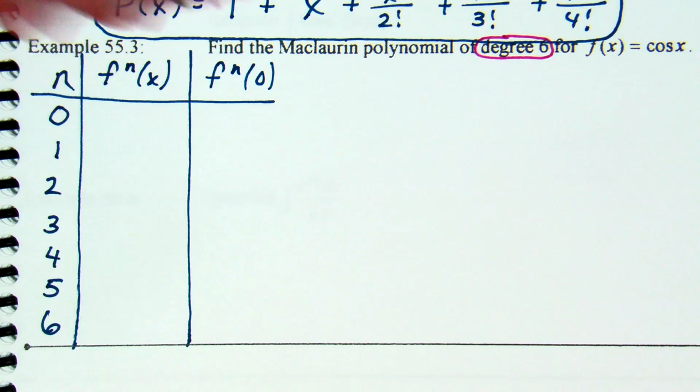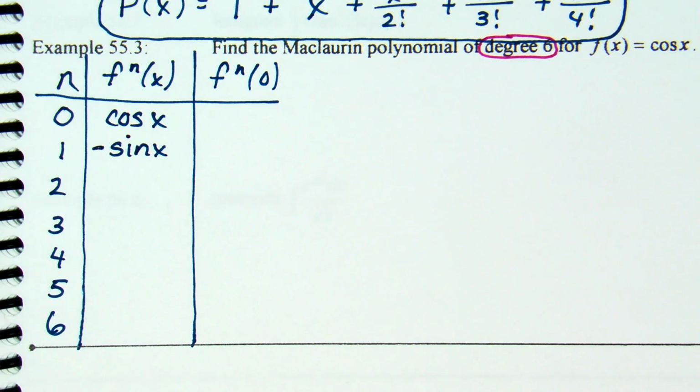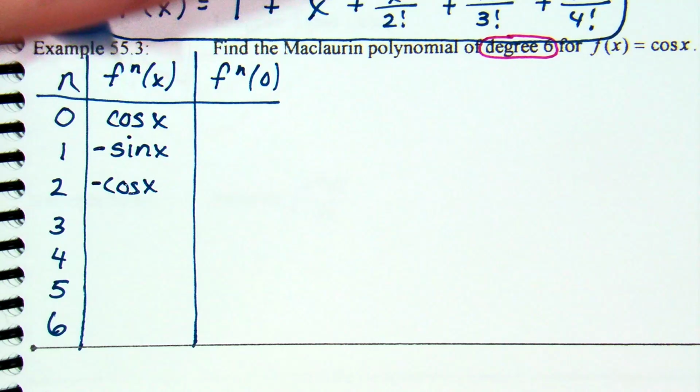Let's go ahead and fill in this middle column. When it says n is 1, that means I'm asking for the first derivative. What's the first derivative of cosine x? Negative sine x. This is where we decide how rusty we are after Christmas break with these derivatives, right? Okay. f2 of x is the second derivative. What's the derivative of negative sine x? Negative cosine x. My brain says the derivative of sine is cosine, so the derivative of negative sine is negative cosine.